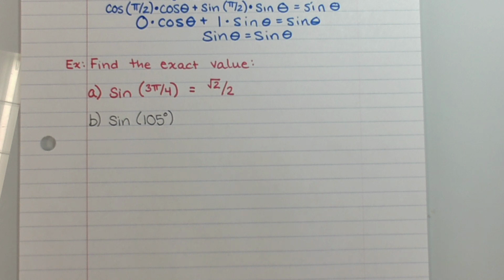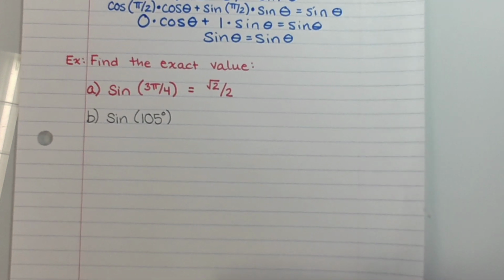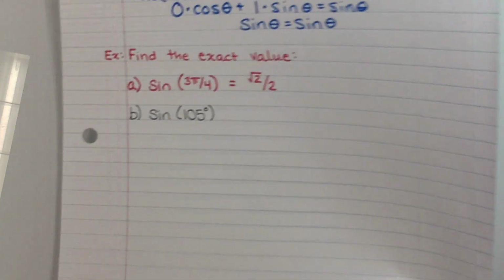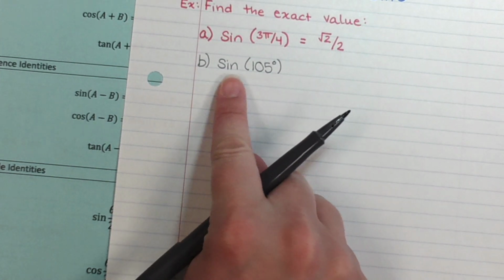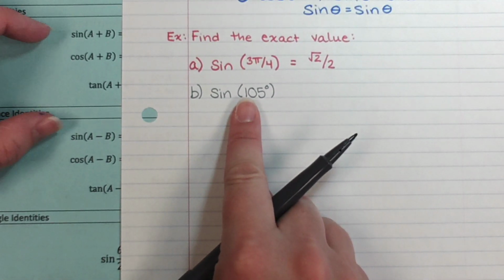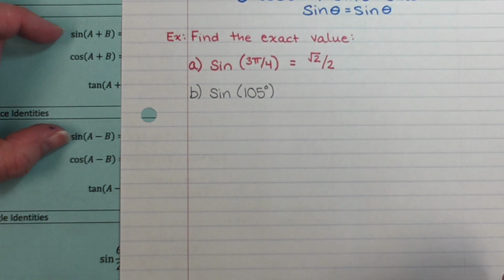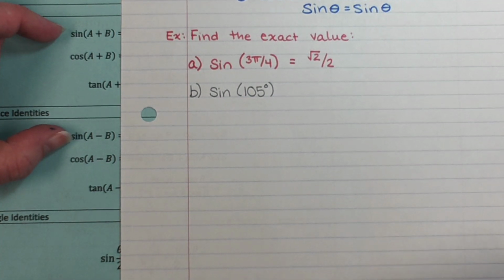Now, they don't always work out nicely, because there are a lot of angles that won't work with the sum and the difference identities. If I want to use a sum or a difference identity to evaluate this, first off, I recognize it's sine. So it's going to be one of my sine identities that I'm working with, either a sum or a difference.